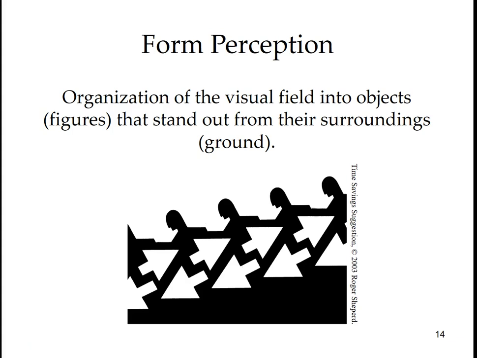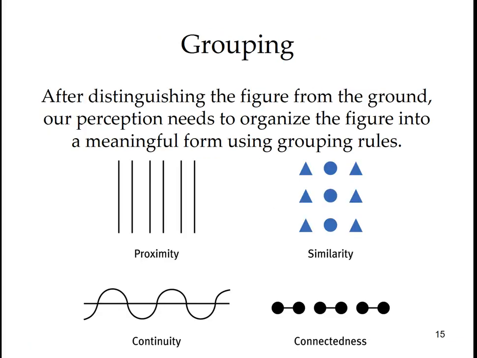Similarity: we group similar figures together. Continuity: we perceive smooth and continuous patterns rather than discontinuous ones. Connectedness: we perceive spots or areas that are uniform and linked as a single unit. And closure: we fill in gaps to create a whole object.